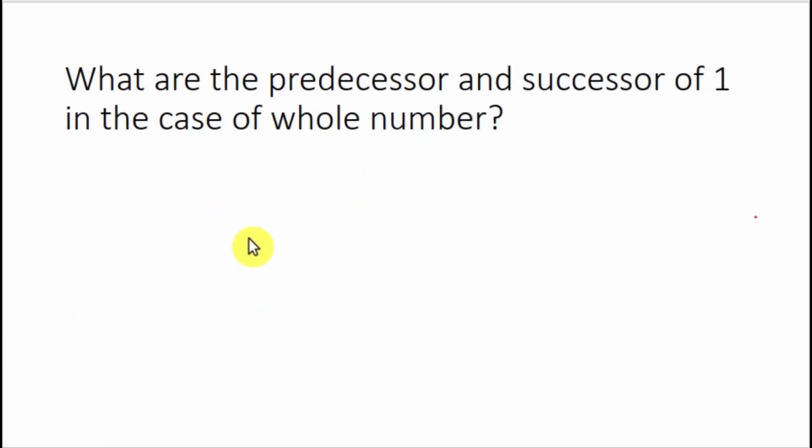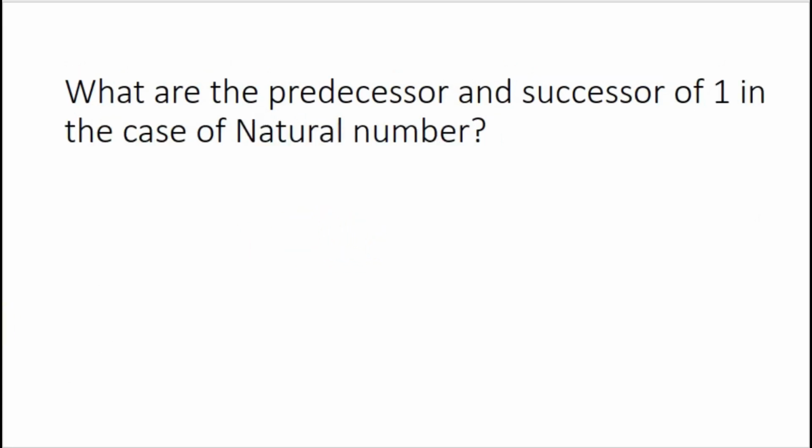Next. What are the predecessor and successor of 1 in the case of natural numbers? Here, 1. What is the successor? I told you we have to add 1. So, the successor is 2.